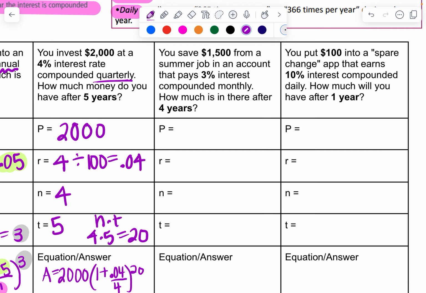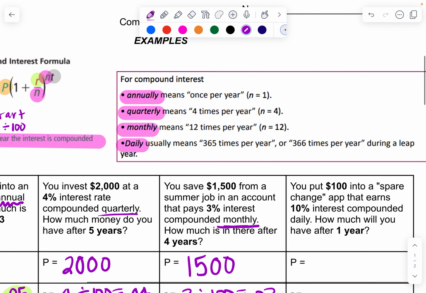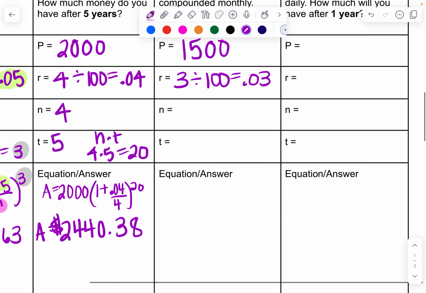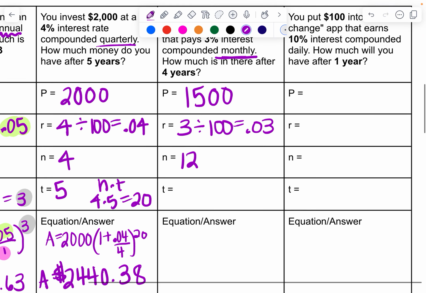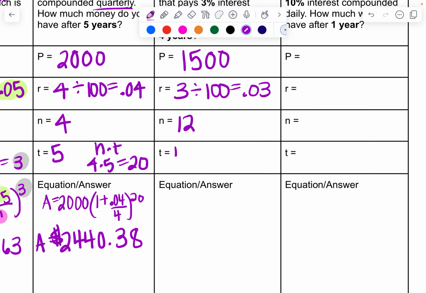All right, you save $1,500 from a summer job at an account that pays 3% interest. So we start with $1,500. The rate is 3%, so 3 divided by 100 is 0.03. And it says it is compounded monthly. So according to up here, monthly means N equals 12. And it says how much is in there after 4 years. So T is 4, N times T, 12 times 4 is 48.